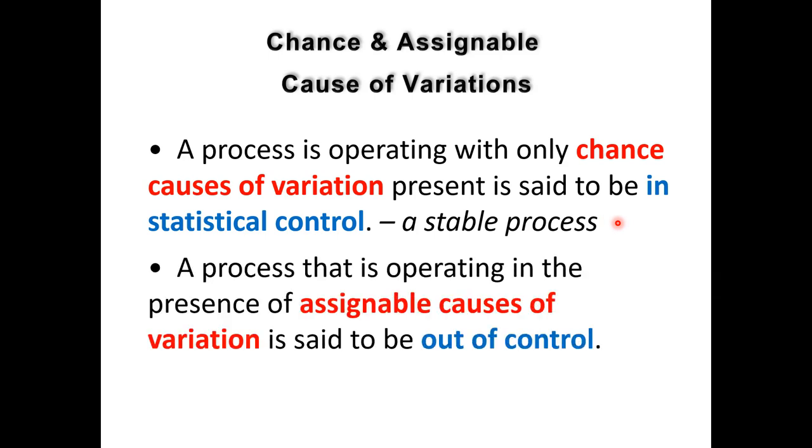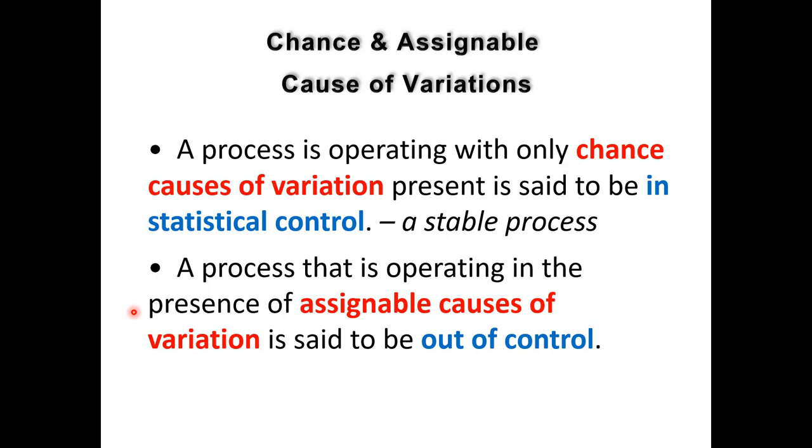However, if there's a presence of assignable causes of variation, then the process is out of control. Whenever a process is identified as out of control, where the point of process value lies beyond the two limits, then we say that there are assignable causes present.